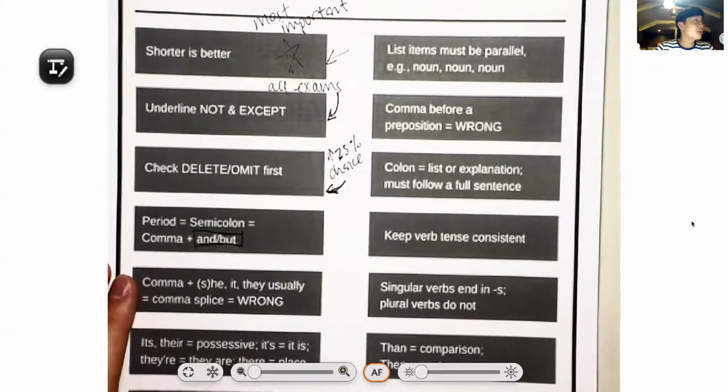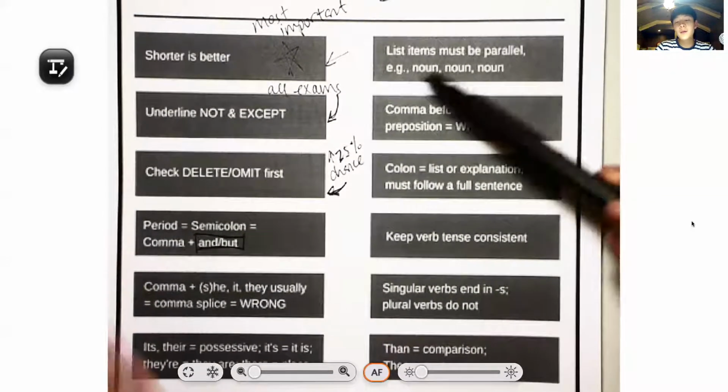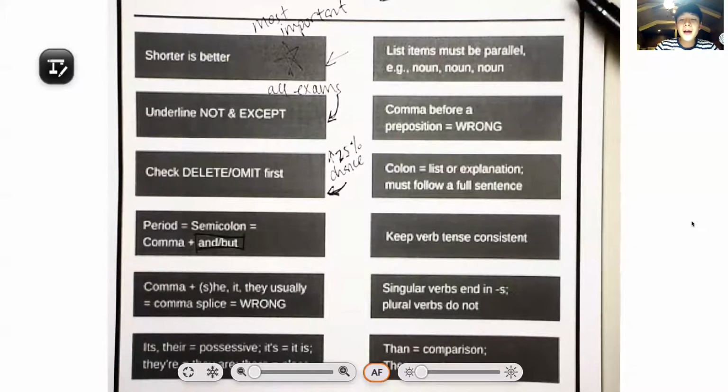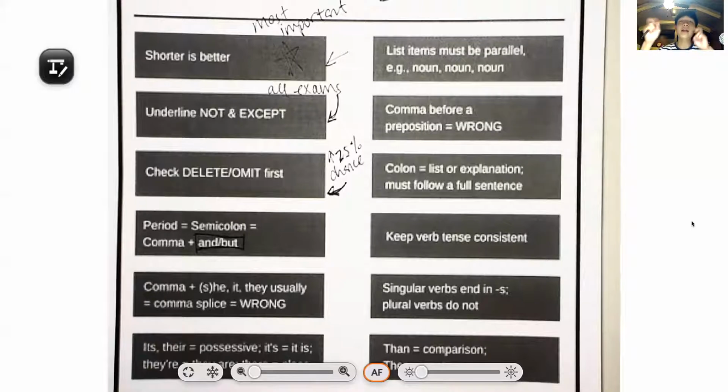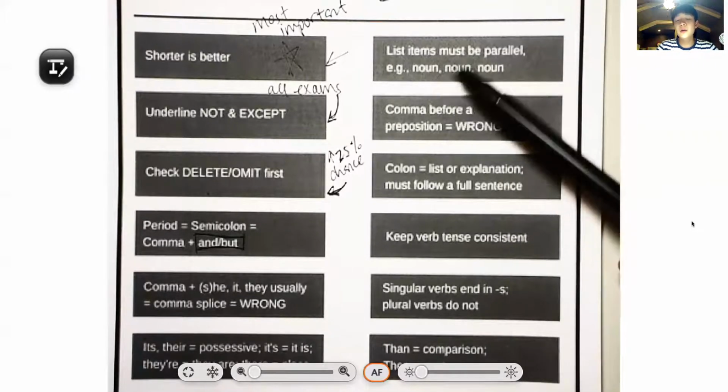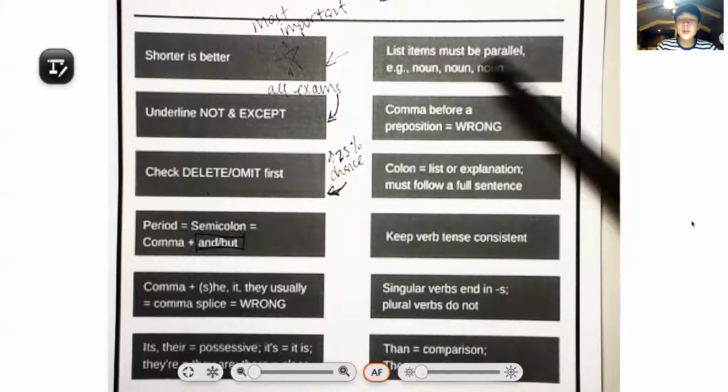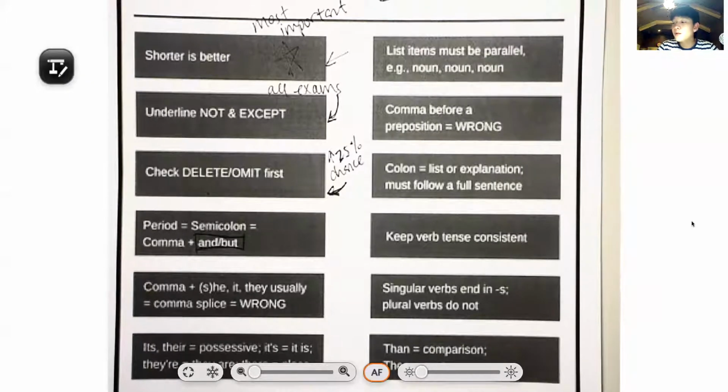List items must be parallel. This is one of the big ones on the ACT. Sometimes they try to trick you with a list, but the first two items are nouns, and the third item moves on to the rest of the clause, like another subject or something. So they have two parallel list items, and then the third one moves on with the flow of the sentence, and you just don't catch up on it.